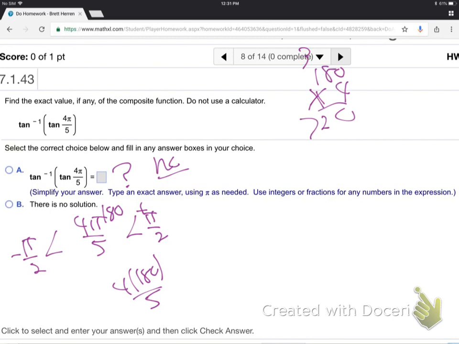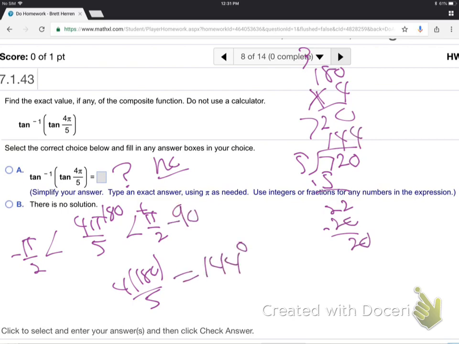Divide by 5. So now you've got to go 5 into 720. It's 144 degrees. This is 90, positive 90, negative 90. 144, no, it's not in the zone.